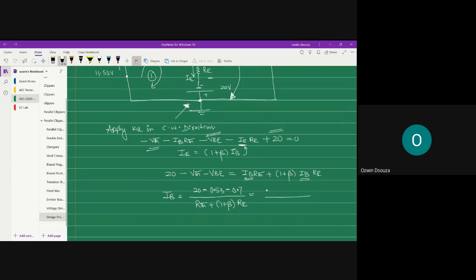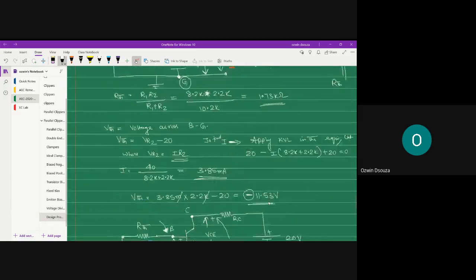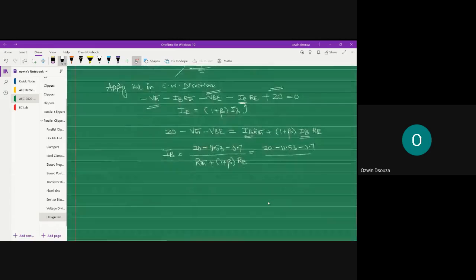All right, so let's calculate IB. It is 20 minus 11.53 minus 0.7, divided by RTH. How much did we get? RTH as 1.73 kilo, right?